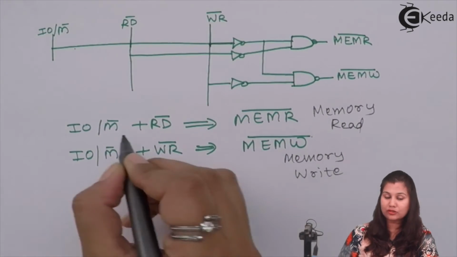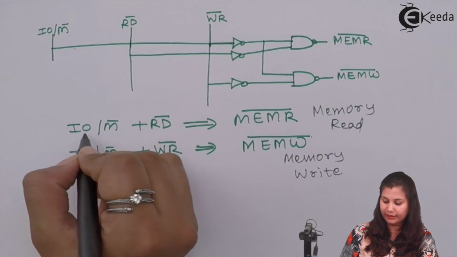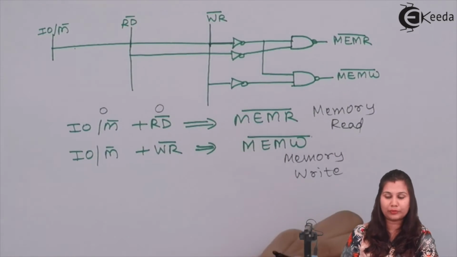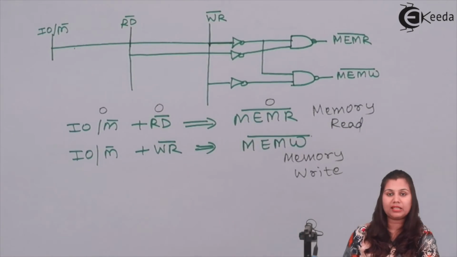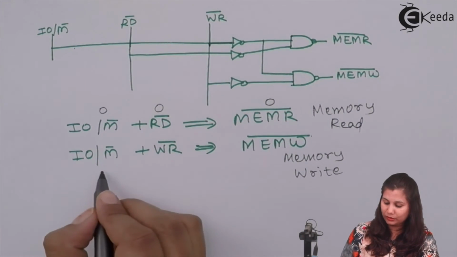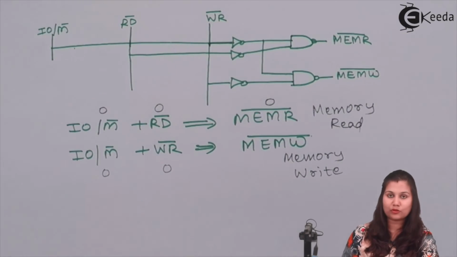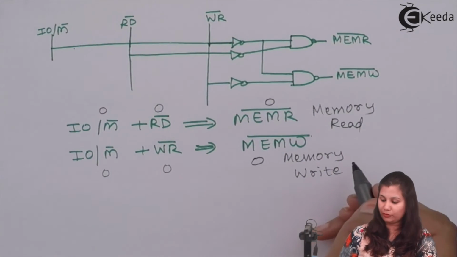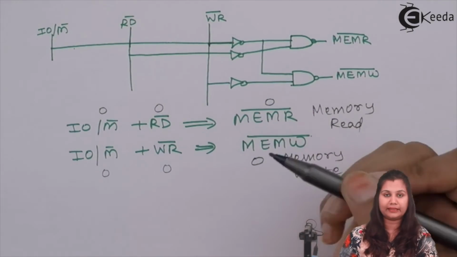For these signals to be active, this input/output and memory signal should be 0 and the read value should also be 0. Then the output will be 0. For this one also, write has to be 0, then MEMW bar will be 0 and this will be activated.